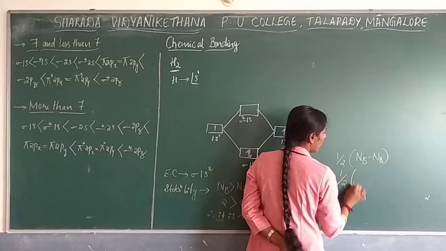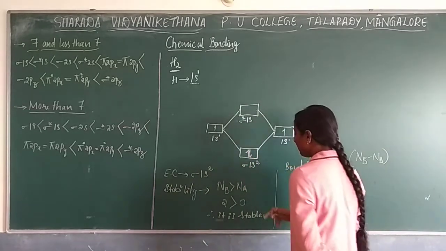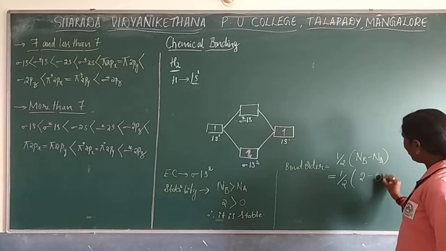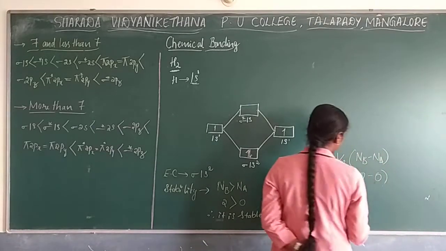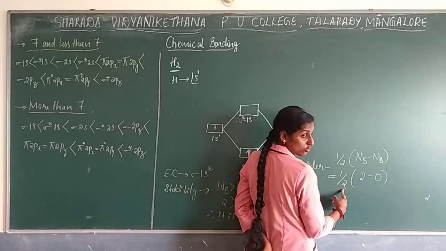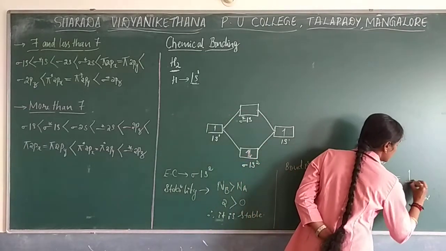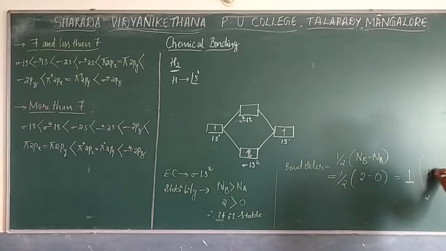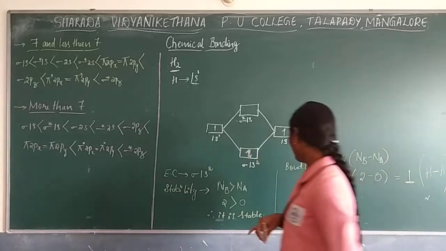Half into Nb, which is 2, minus Na, which is 0. So 2 by 2 is 1. Whenever there is a hydrogen molecule, you can find a single bond between the hydrogen atoms. Only one bond will be present in the hydrogen molecule.